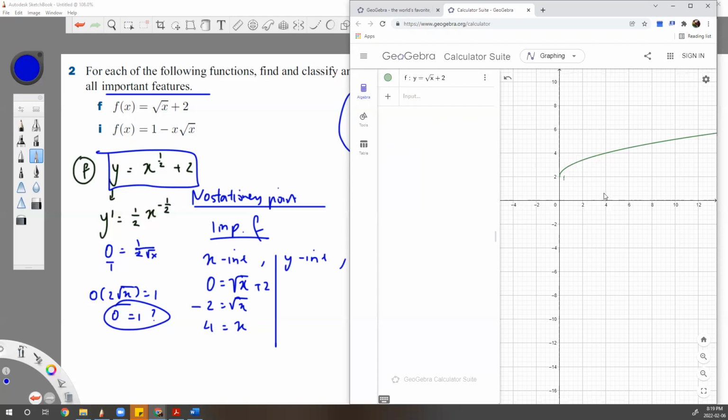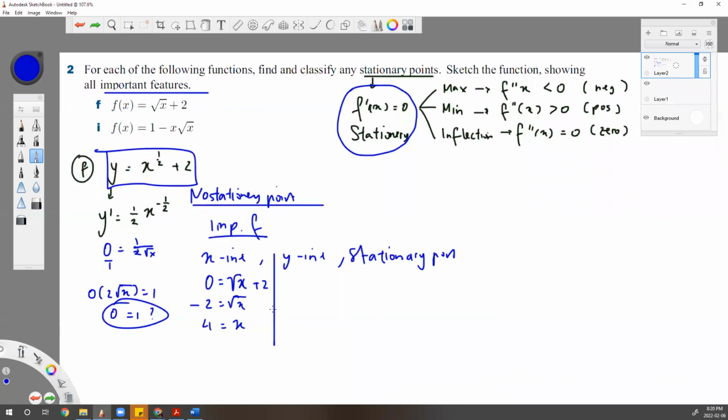If you insist on keeping the 4, it doesn't make sense, because square root x equals a negative number, and any square root has to be positive, right? So no x-intercept. And the y-intercept is quite simple, where x equals 0, so y equals 0 plus 2, so 2 itself, so (0, 2), that's it. And the stationary point, no.